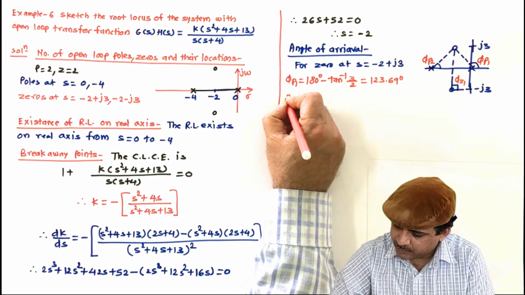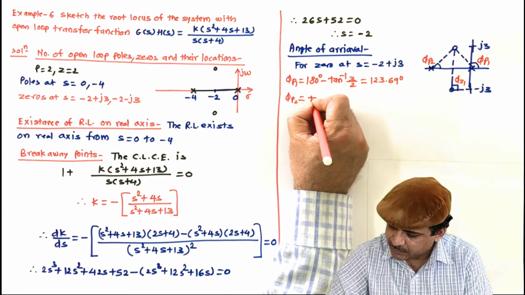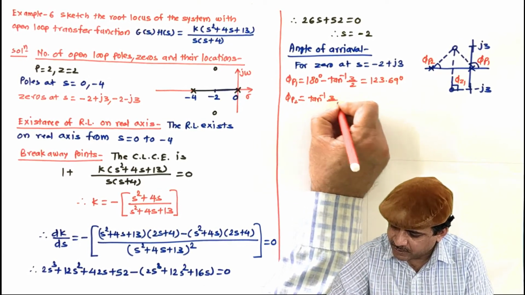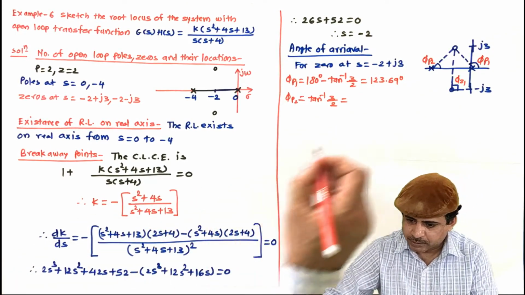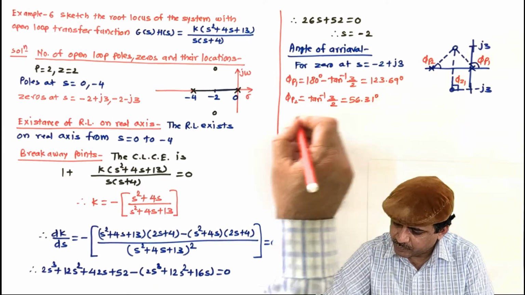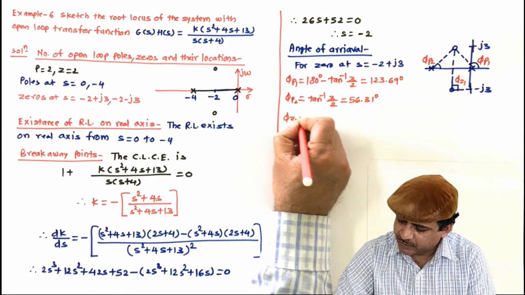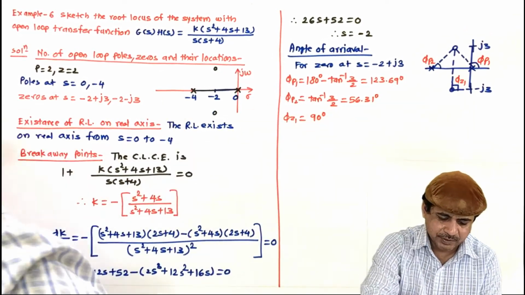and that is equal to 123.69. Then phi p2 is this angle, so again it is tan inverse of 3 by 2, and that is equal to 56.31 degree. And phi z1 is the straight angle, that is 90 degree.